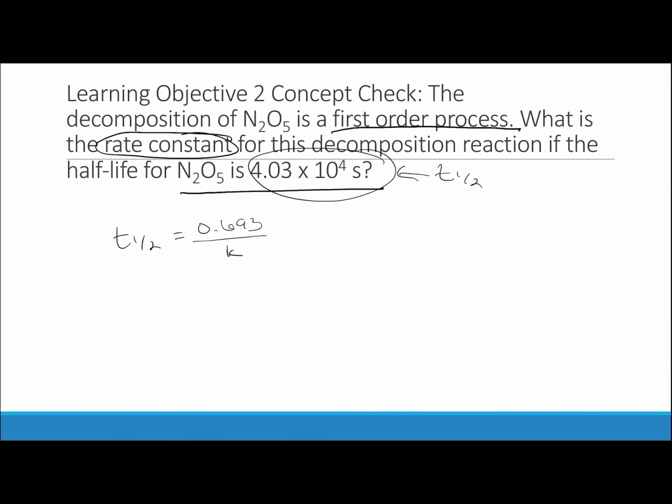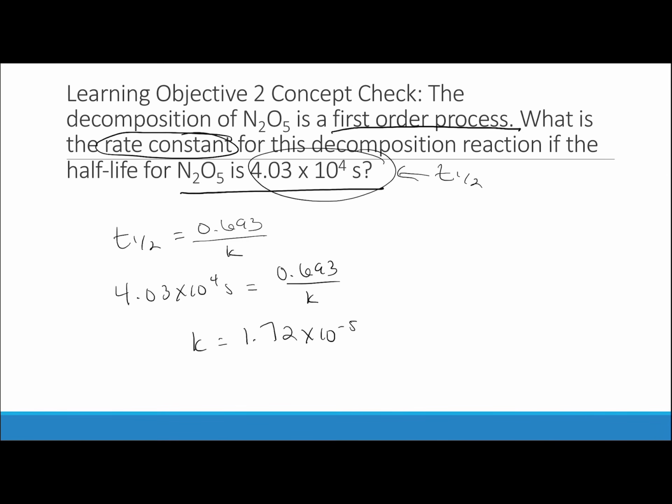Okay, so our T1/2 is 4.03 times 10 to the 4 seconds. That is equal to 0.693 over k. We solve for k, we get a value of 1.72 times 10 to the negative 5.